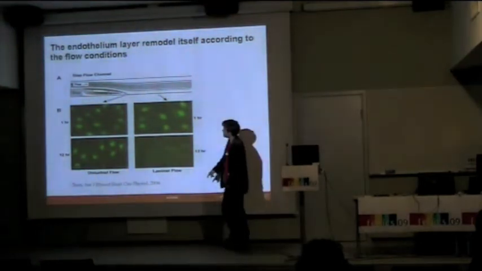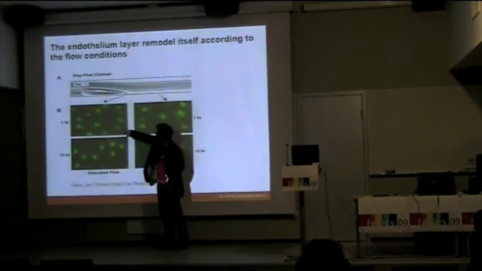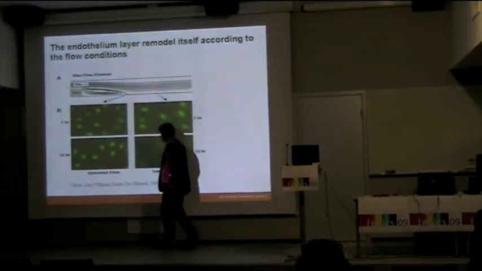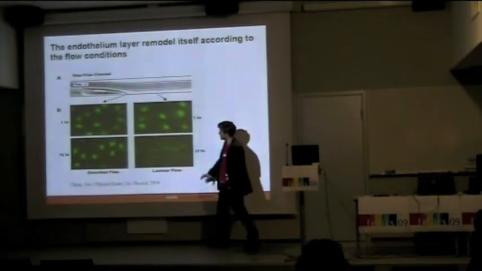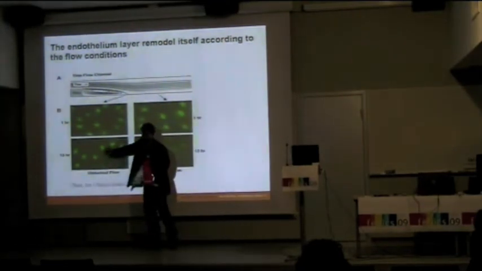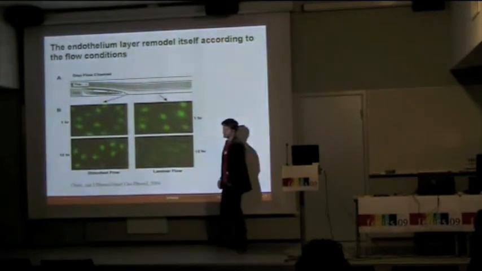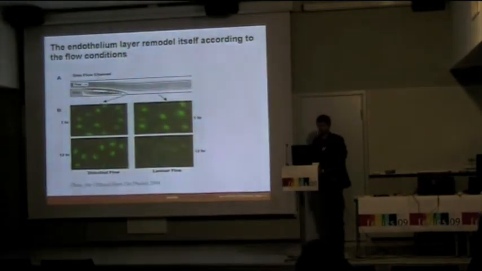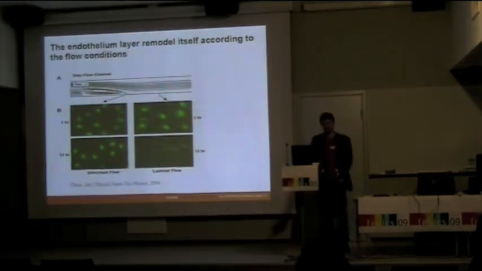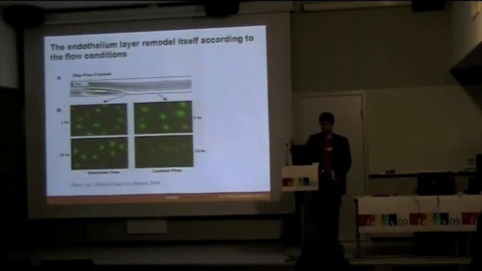And then you see that the cells are like this in the beginning, and where you have disturbed flow, it continues to be like this, while here it changes.